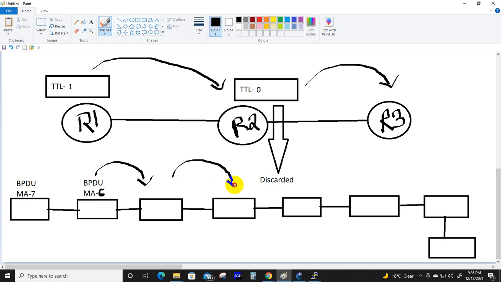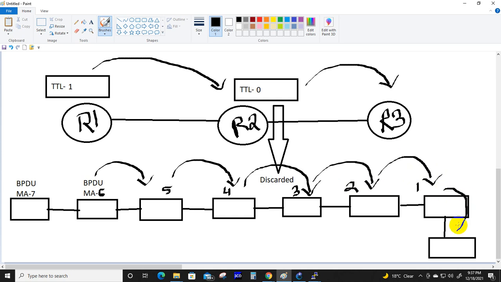When this switch forwards this, it will be 5. It will be 4. It will be 3. It will be 2. It will be 1.